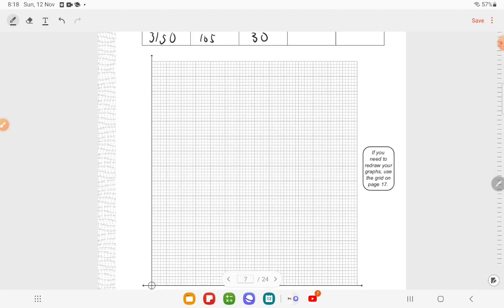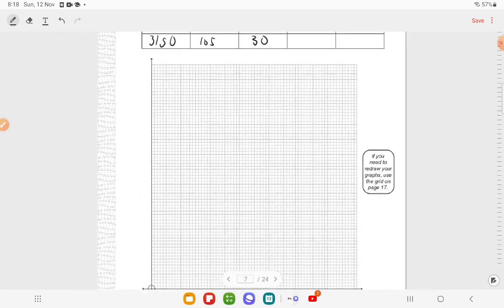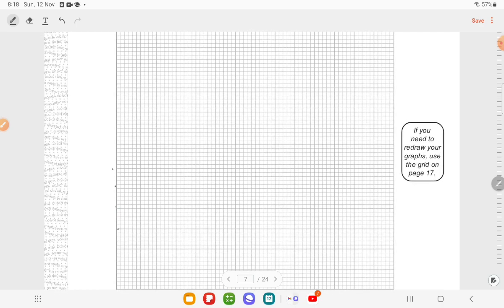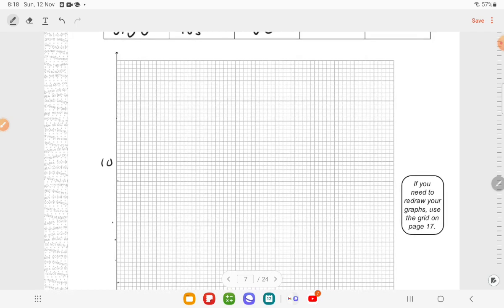So let's graph this. To the height 1, 2, 3, 4, 5, 6, 7, 8, 9, 10, 11, 12, 13, 14, 15.